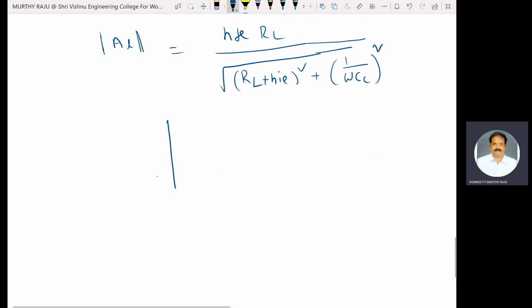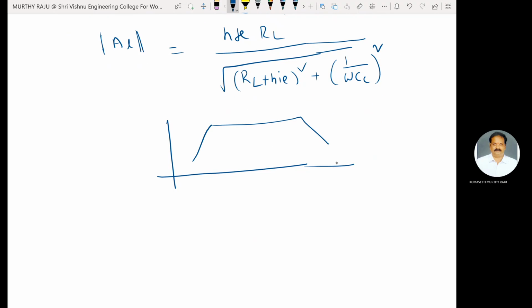Next is frequency response. The frequency response of that RC coupled amplifier is mod A, the magnitude gain of that two-stage RC coupled amplifier.